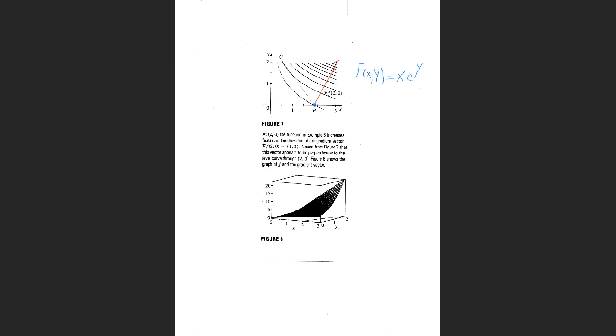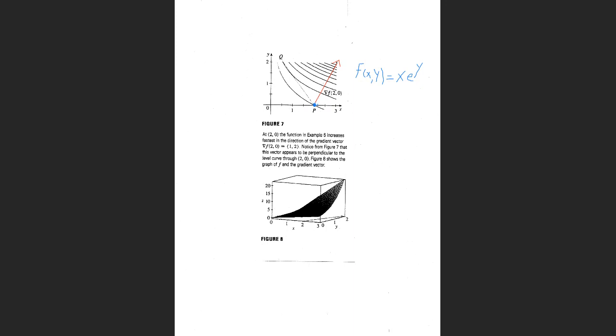Does it look like the surface is rising pretty fast in that direction? It does. And in fact, in that direction, it's going the fastest.